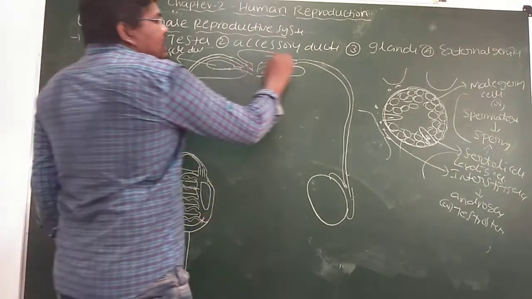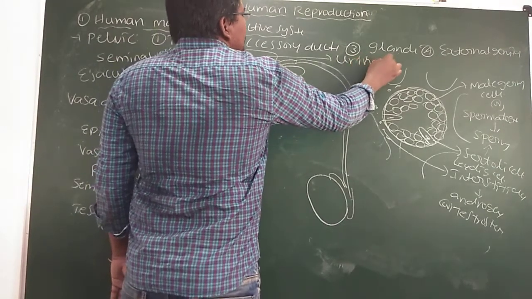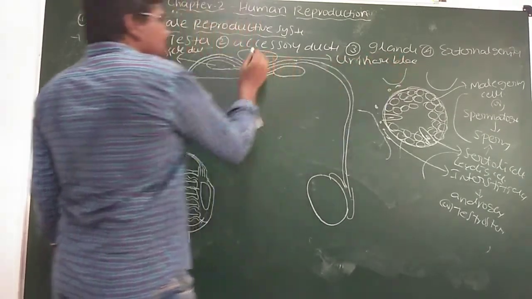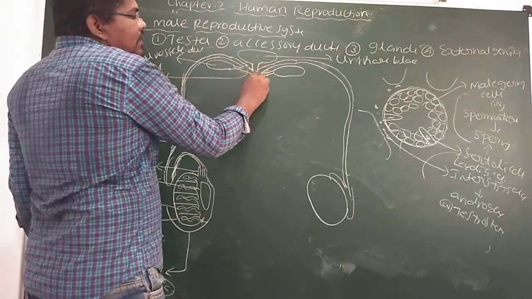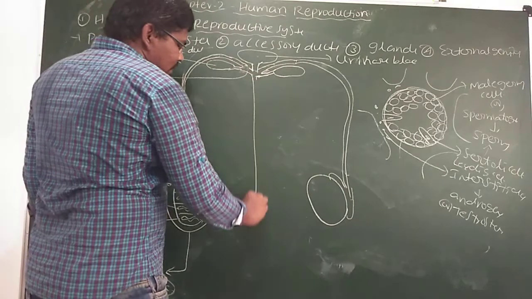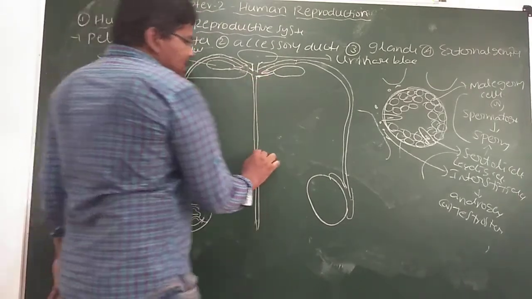What is the urethra? Urethra is a tube which comes from the urinary bladder. This is the urinary bladder. This is the urethra. The ejaculatory ducts are mixed with the urethra. From here to here, that is the urethra.